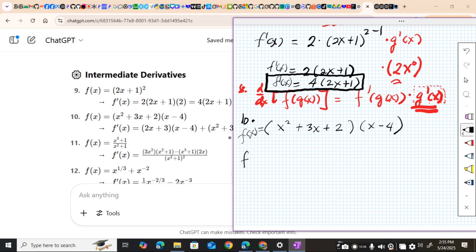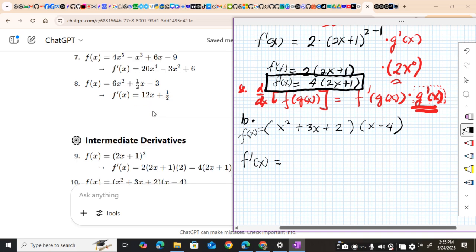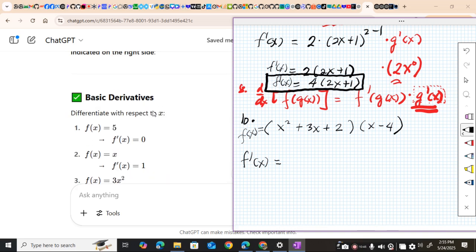Now, for us to take the derivative of this, we need to consult what formula? We need to consult the formula for the product.